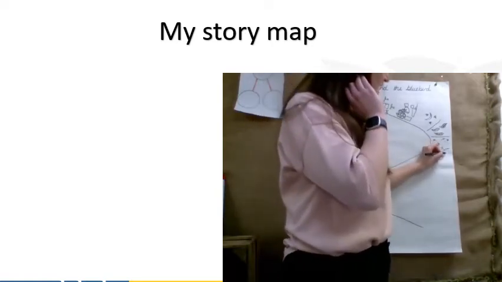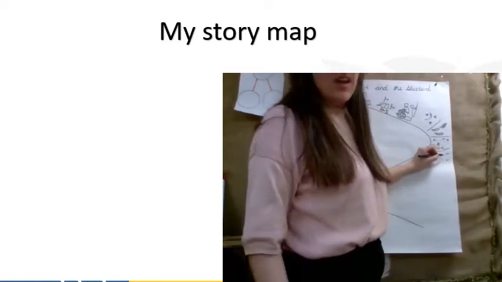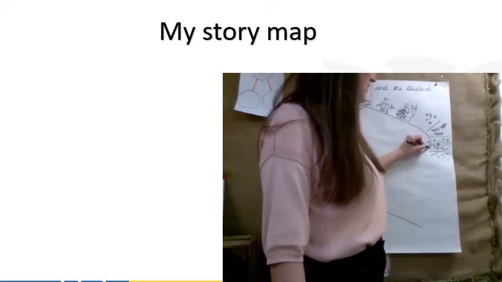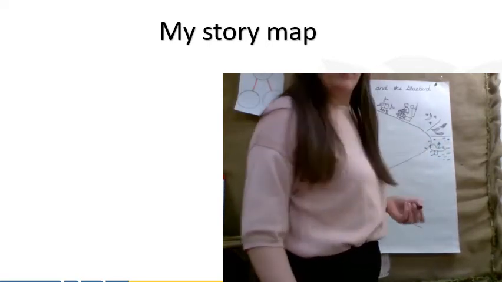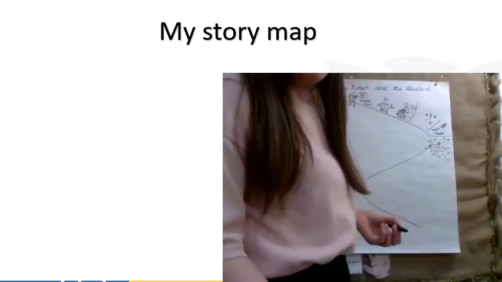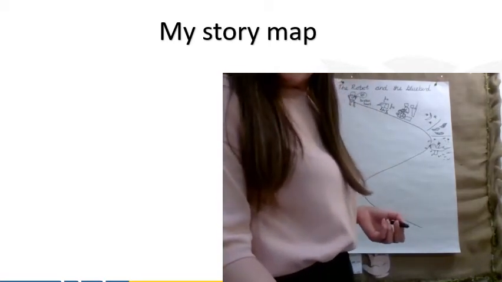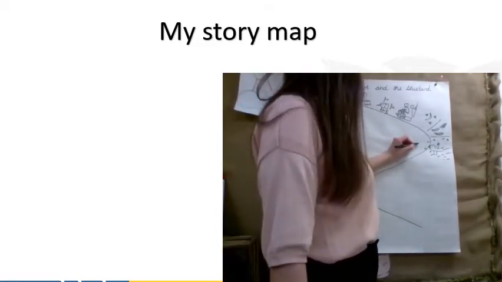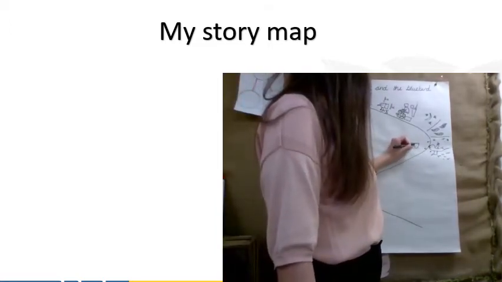The bluebird came, but it was freezing wind that day, so I'm going to draw some wind to show that's where she came from, the freezing wind, and landed on his shoulder. I'll draw our robot here.